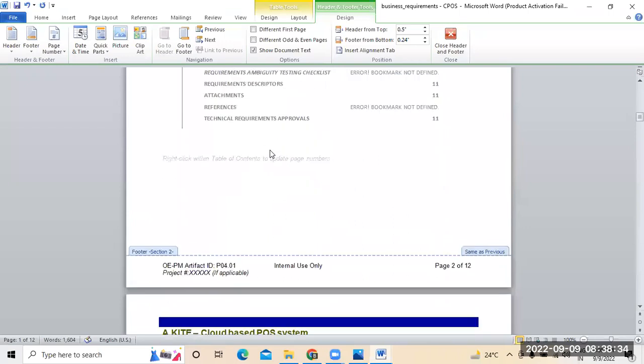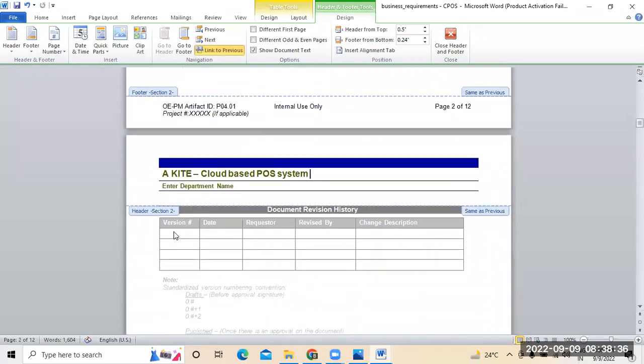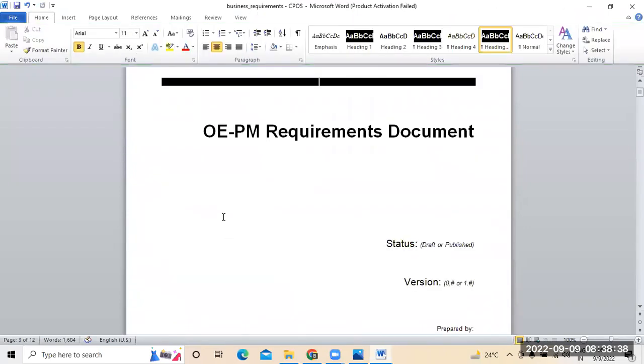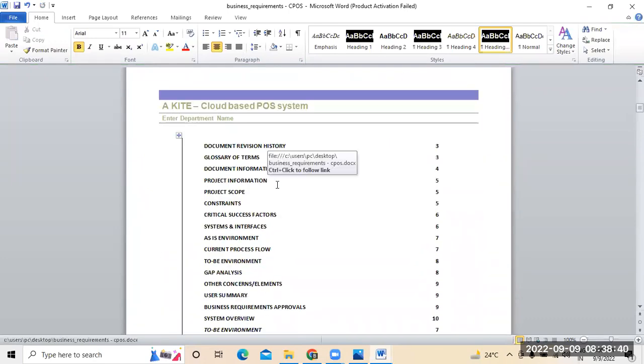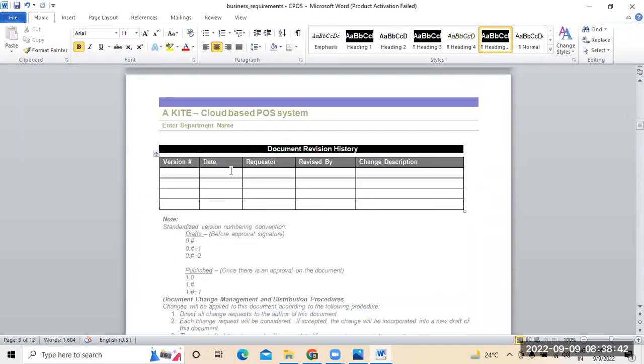In this business requirements document, you need to write down what we call the document revision history. What is document revision history? Document revision history explains what versions we are using. Means there are different versions. For example, this is the document I have prepared.